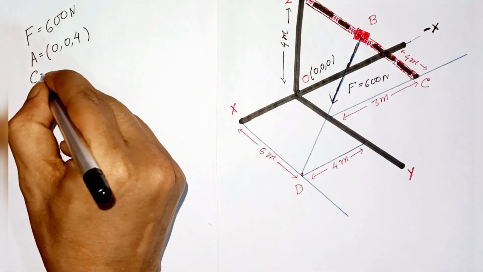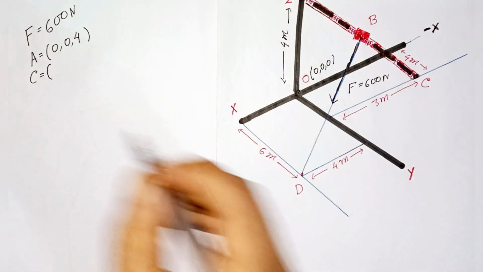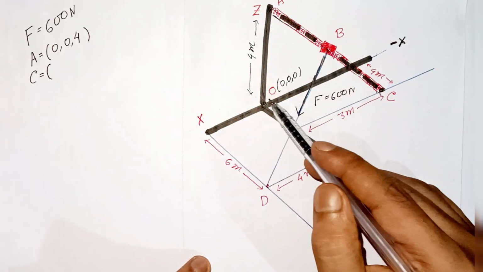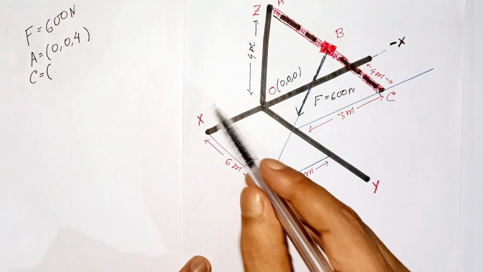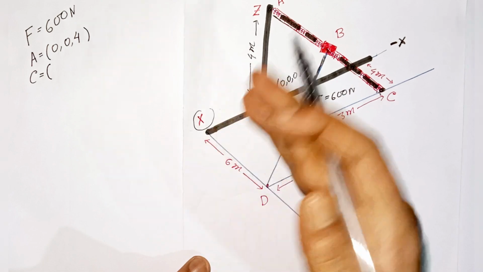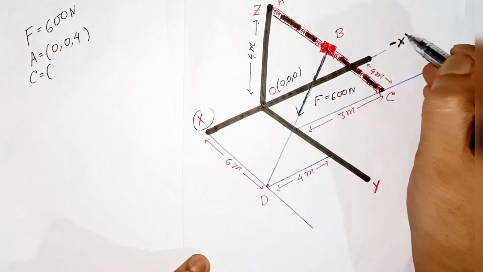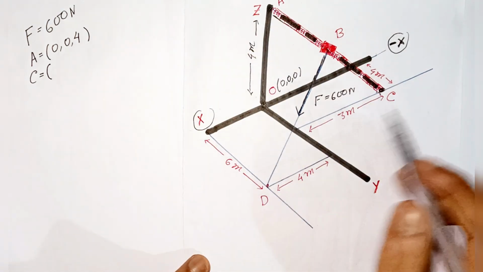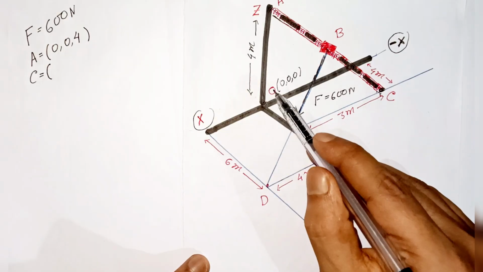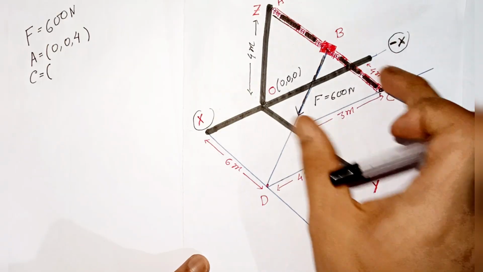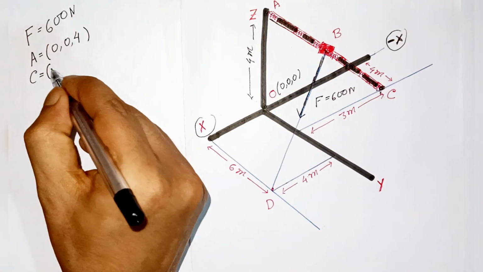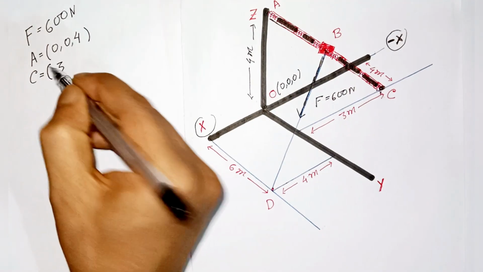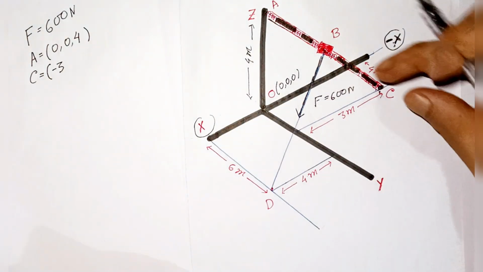Okay. Now look at point C. What is the coordinate of C? At first, this is the positive x according to the question. This is the negative x. The x displacement of C is 3 meter, so the x coordinate is 3, minus 3 because of the negative axis.